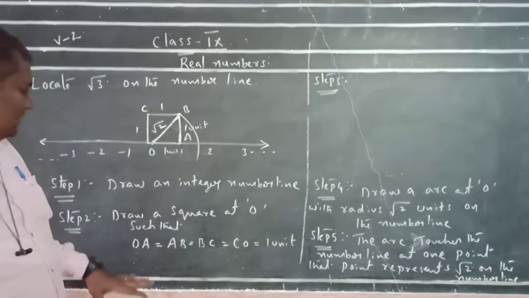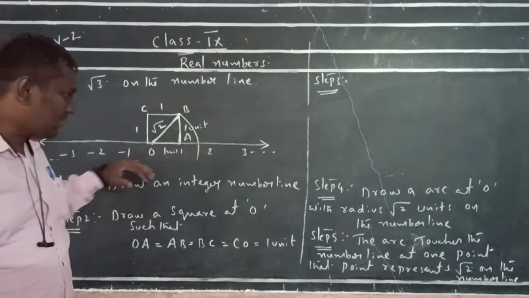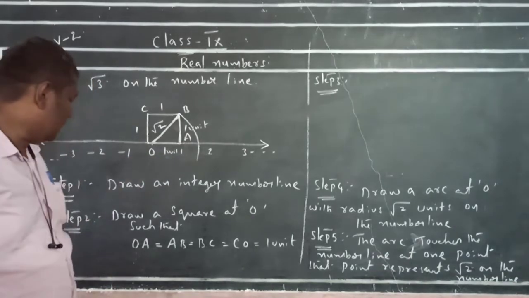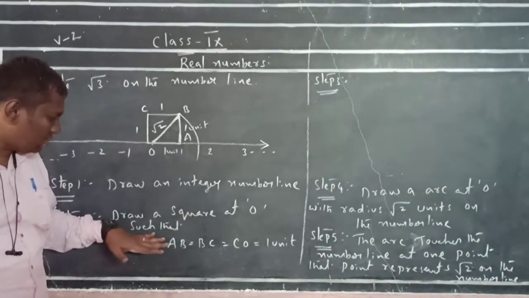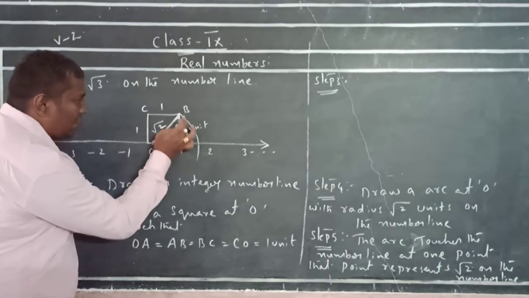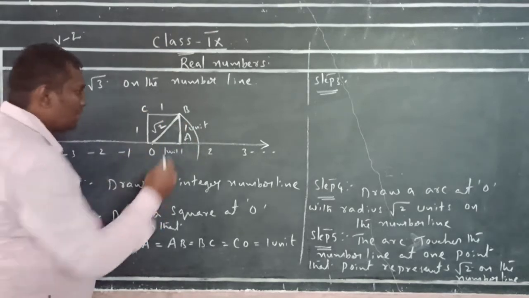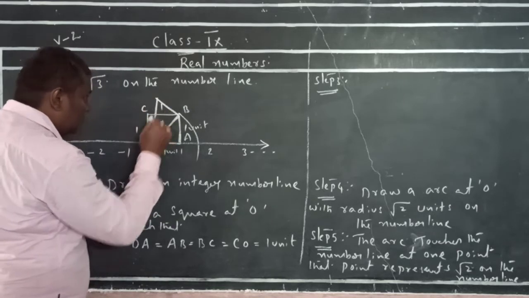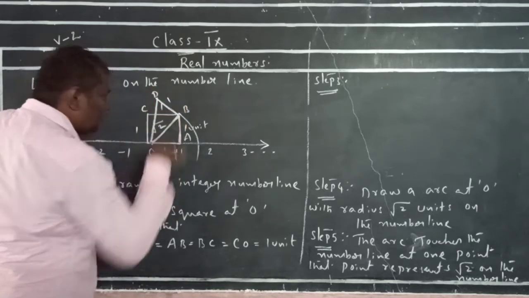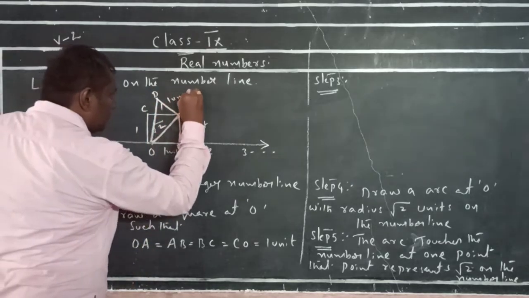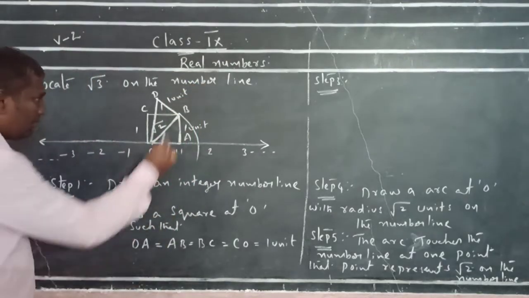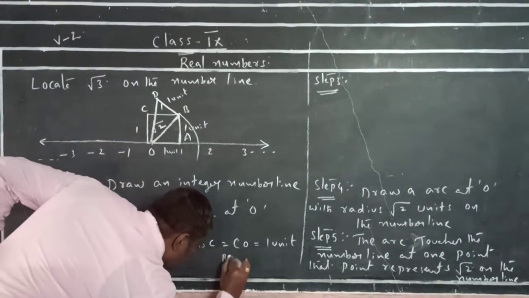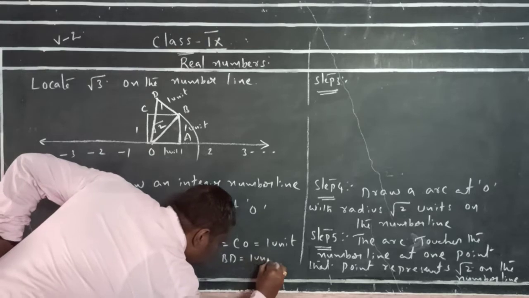The same as before: draw an integer number line. The first step, draw a square at O such that OA, AB, BC, CO are the same. Here one more, take D. This is also 1 unit. Here BD, you can take BD also as 1 unit.